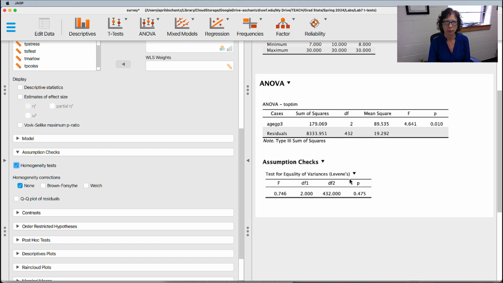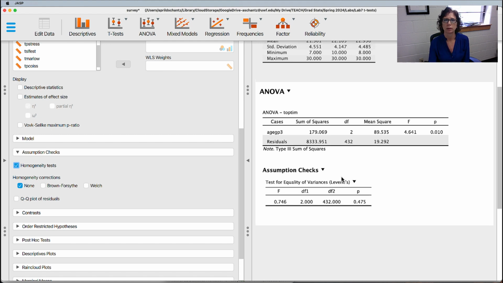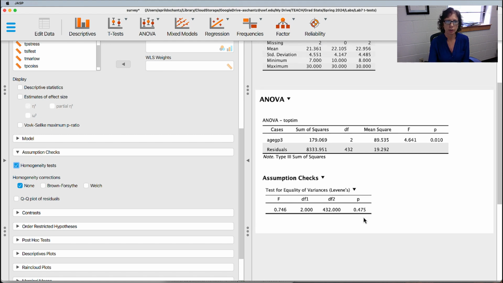Now here we can see our Levene's test testing the assumption of equal variation, more or less similar variation, in total optimism across these three groups. Our p-value for Levene's test is not significant, so therefore we did not violate the assumption of homogeneity of variance.